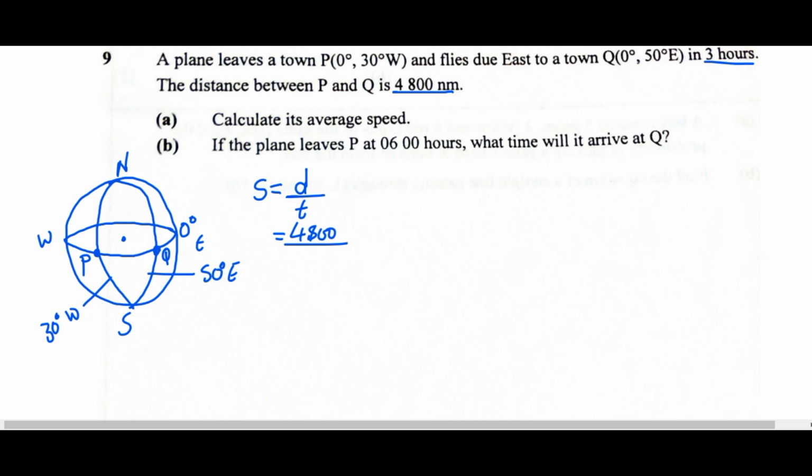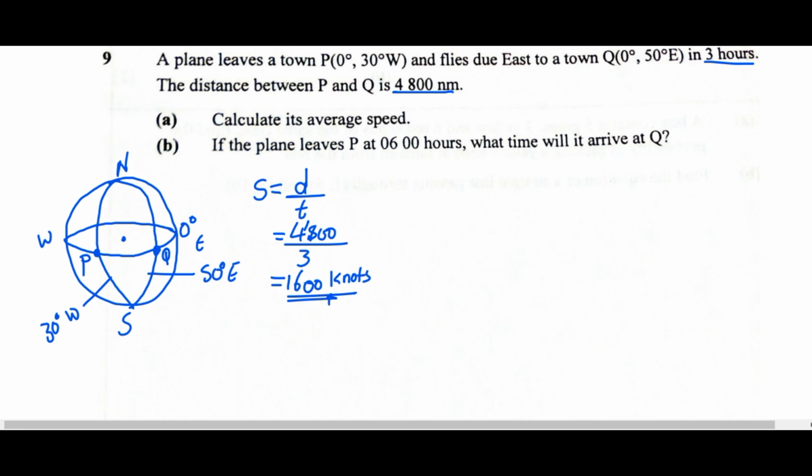So we are given 3 hours, and we make sure the time is in hours. If we divide 4,800 by 3, 3 into 4 is 1, remainder 1, which is now 18. 3 into 18 gives us 6, then 0, 0. So the speed is 1,600 knots.